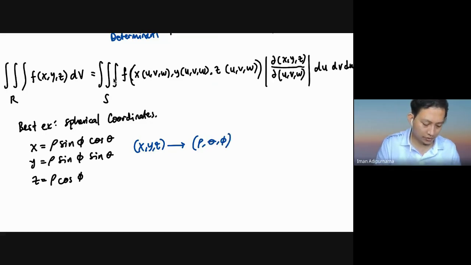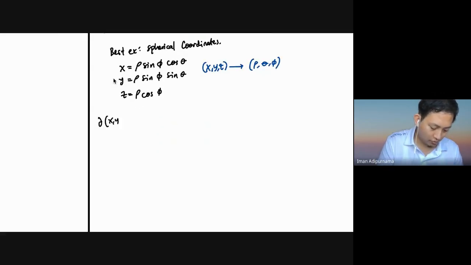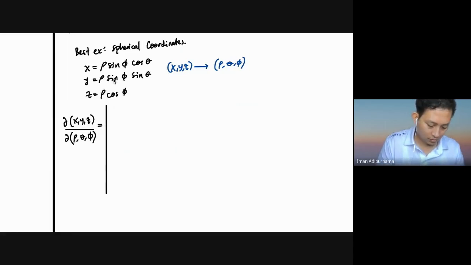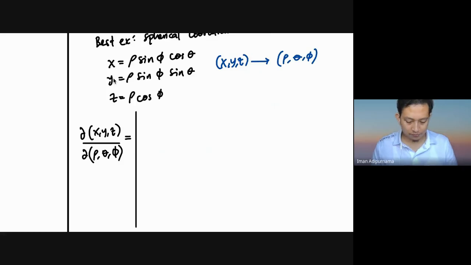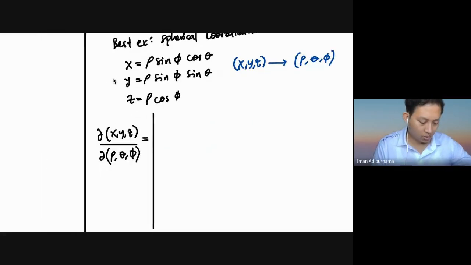Okay, let's try that as well. So let's write the Jacobian first. Let's compute the Jacobian and prove whether it's the same value or not. So it starts from dou x dou rho.